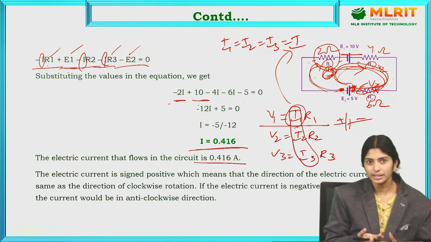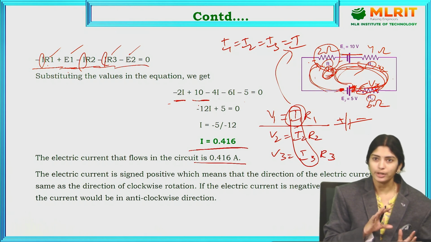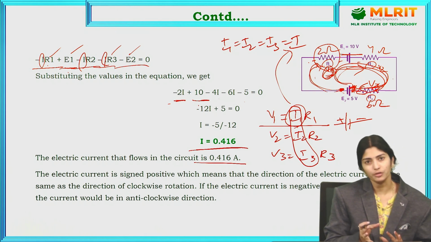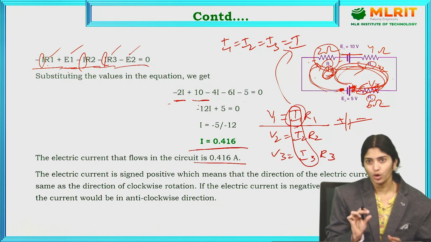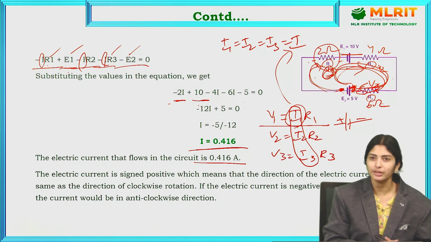What had I considered? Clockwise direction. If the electric current is negative, then we can treat it as the current being in the anti-clockwise direction. So based upon the sign we got, whether positive or negative, we can determine whether the current is flowing clockwise or anti-clockwise.